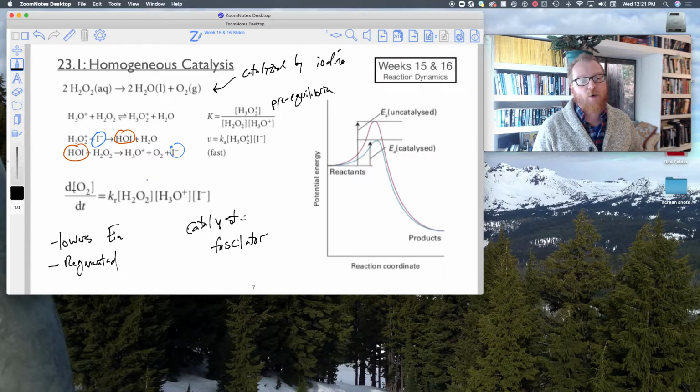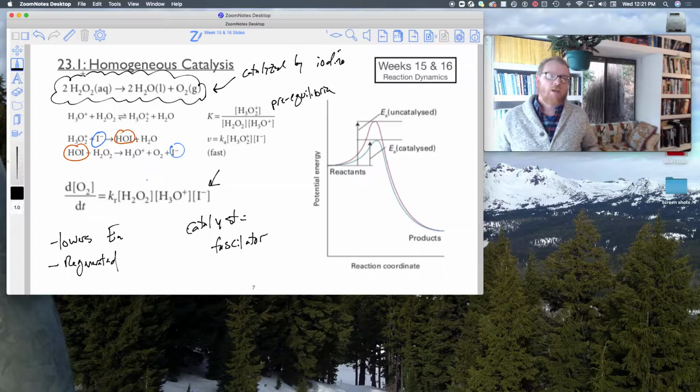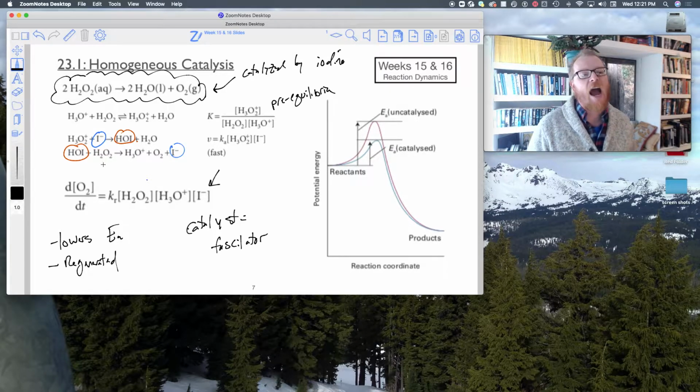So overall, the production of d[O2]/dt is dependent upon that catalyst, even though you might not see it at all in the final reaction, okay? So in this homogeneous catalyst, the I minus creates this rather odd HOI intermediate, which then facilitates this last reaction that creates the stable product O2, okay?